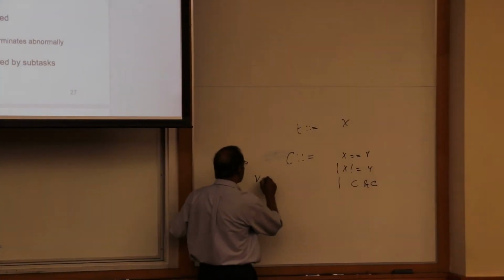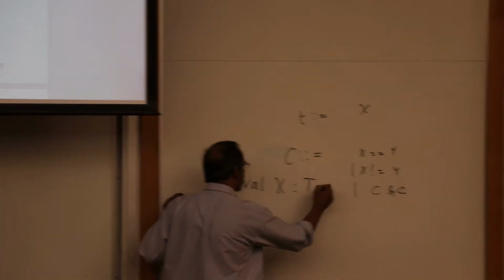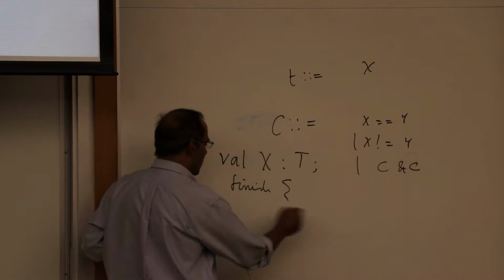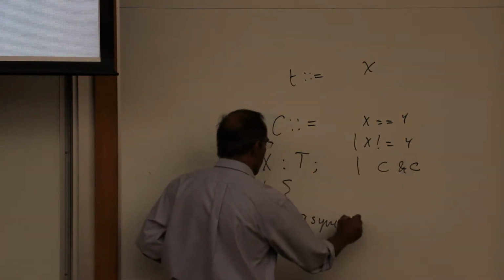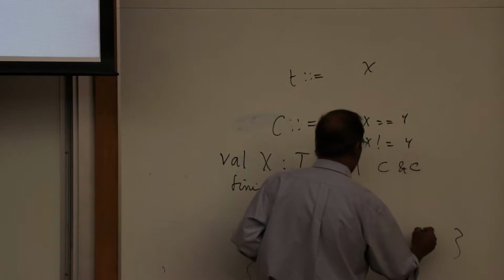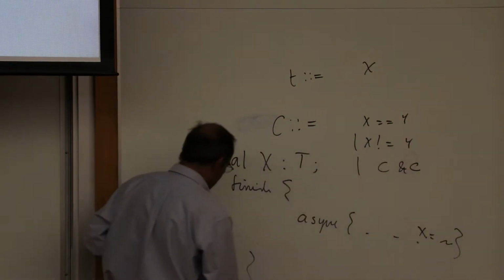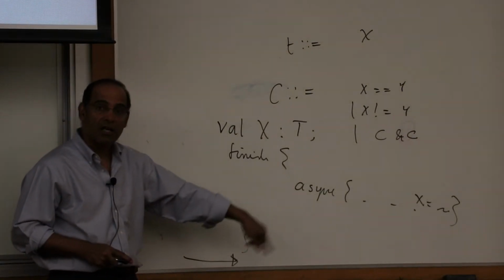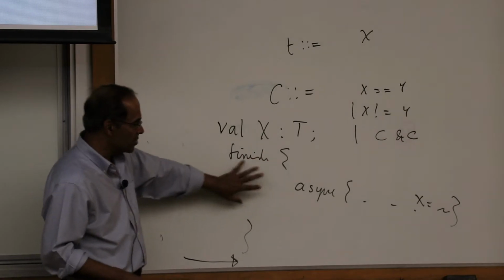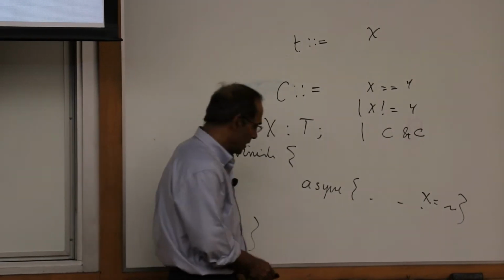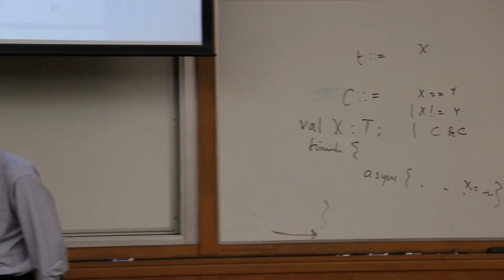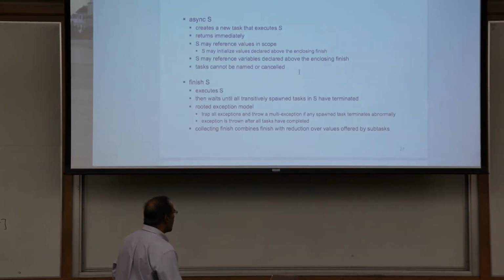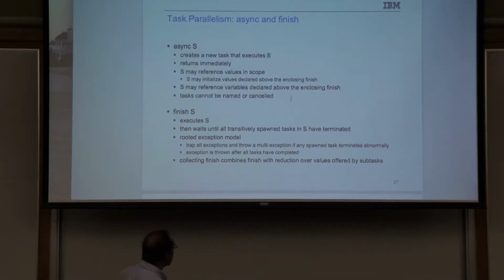I could do something like val x of some type T, not provide that initialization, and then in that finish block, I can do a whole bunch of computation, eventually setting x equal to something. From that point onwards, X10 considers this value initialized and readable. Before that, it is not readable, but it can be initialized. This is obviously of significant use when you have a big initialization computation to be done and you want to do it in parallel.